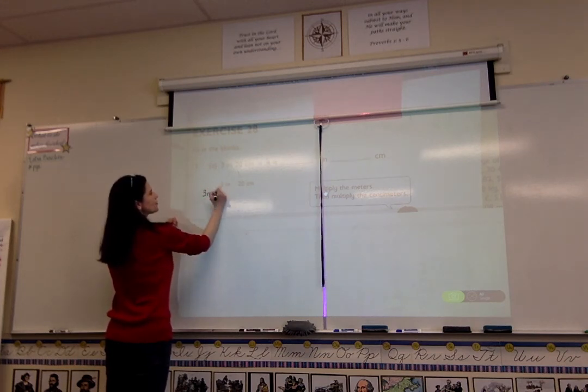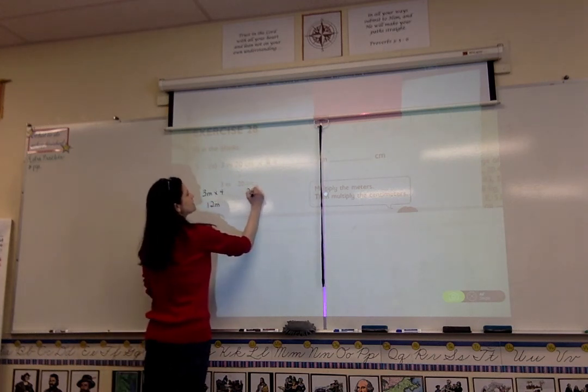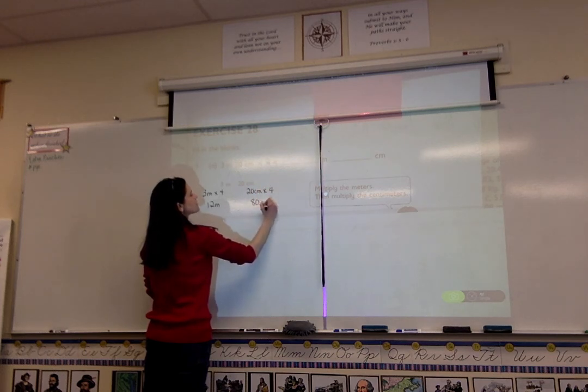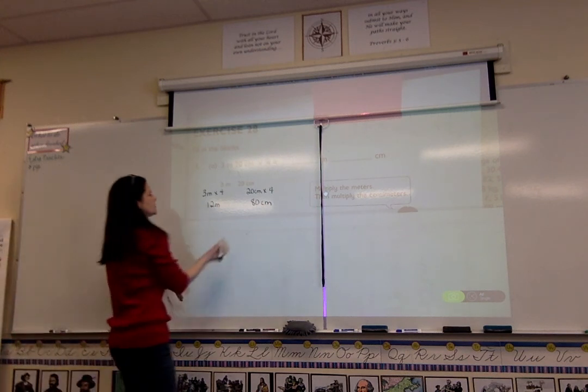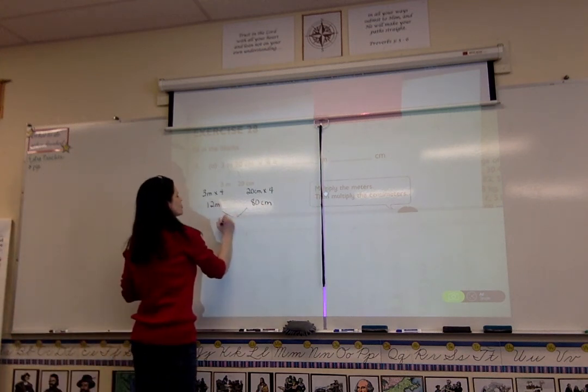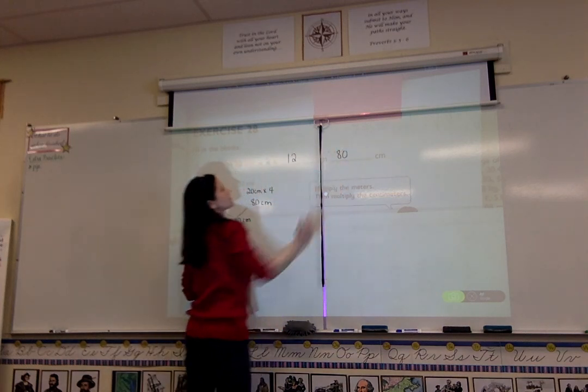So down below, if you can write 3 meters times 4 is 12 meters. 20 centimeters times 4 is 80 centimeters. Well, that's pretty simple. So when you bring them back together, of course, you get 12 meters, 80 centimeters, which you would write here. 12 meters, 80 centimeters.